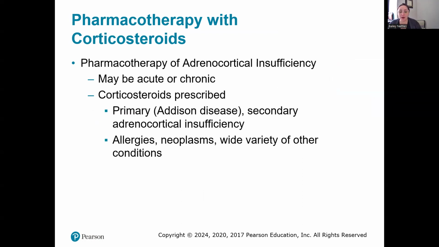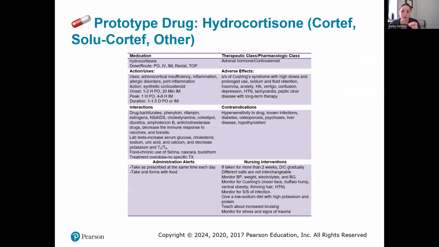For primary Addison's or secondary adrenocortical insufficiency, we give corticosteroids. We also give corticosteroids for a bunch of other reasons like infection, allergies, neoplasms, and stuff like that. But hydrocortisone is what we use to treat Addison's. Okay, so that's what we're going to focus on. Don't worry about the neoplasms and infection and things like that. We're talking about it for Addison's.